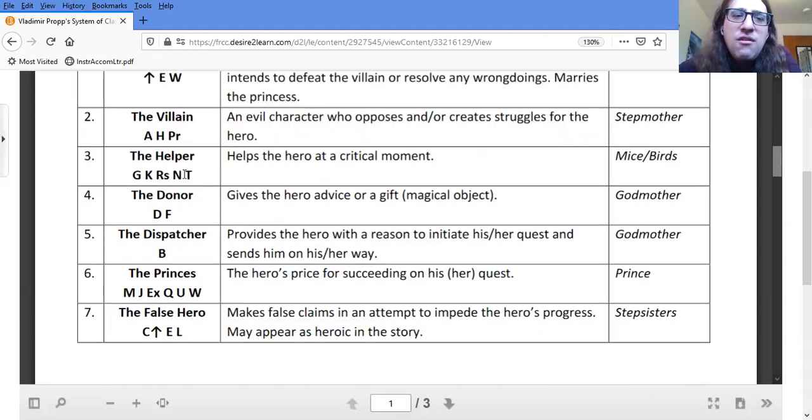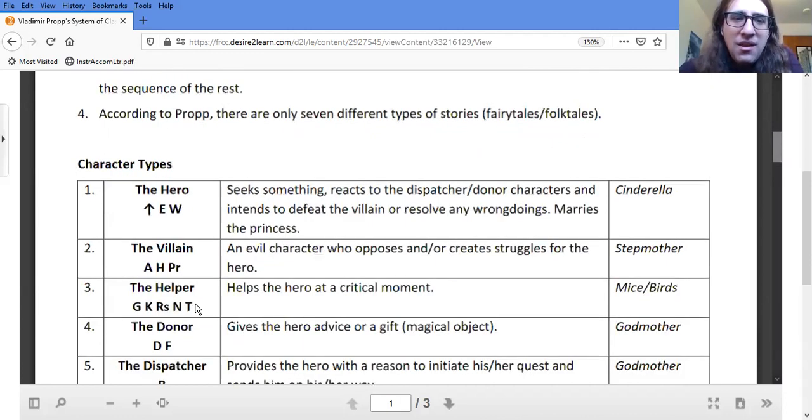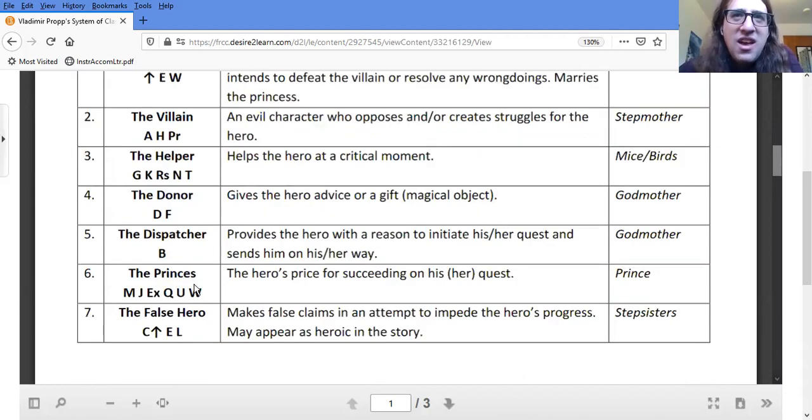Then you have other types of characters as well. A big one is the princess. So in the male hero story, the princess is female and is sort of the reward for the end of the quest. At the end of the story, the prince marries the princess. And so the princess is very closely connected to the wedding.